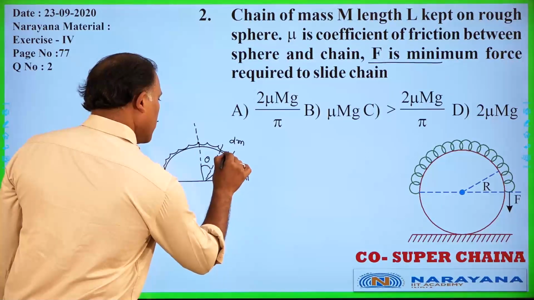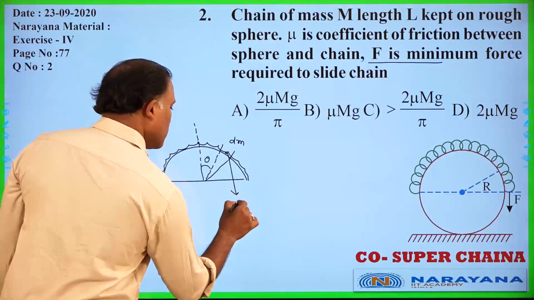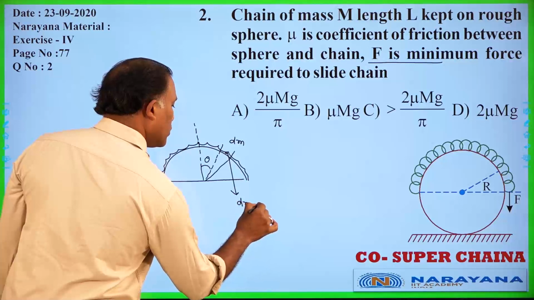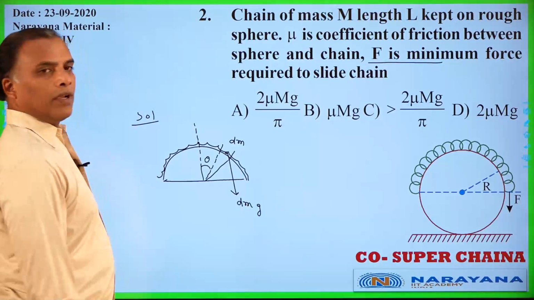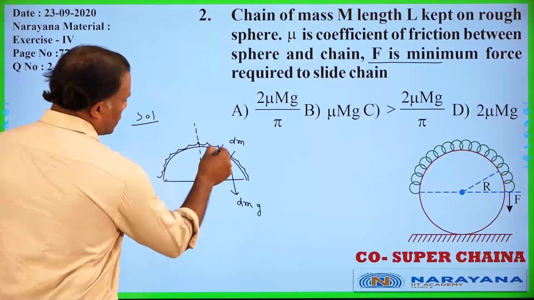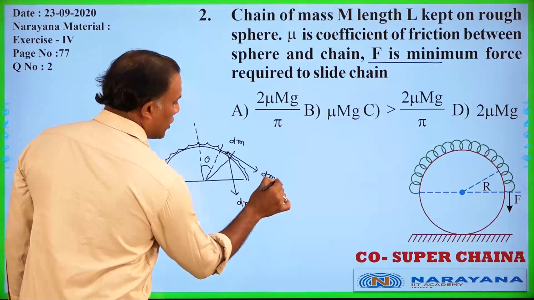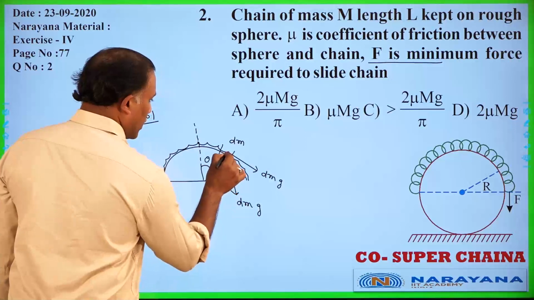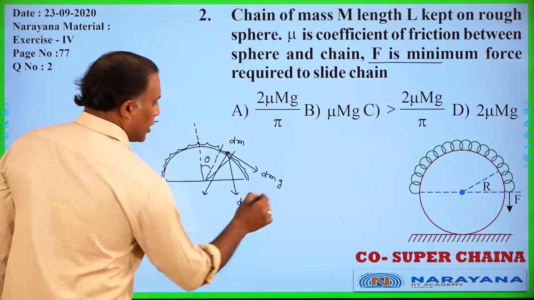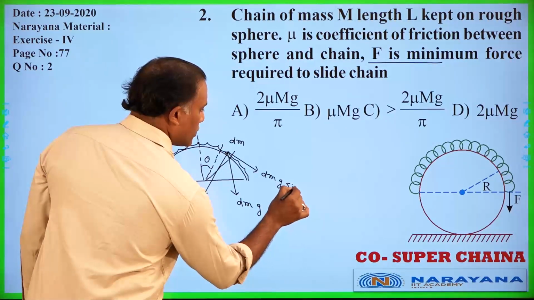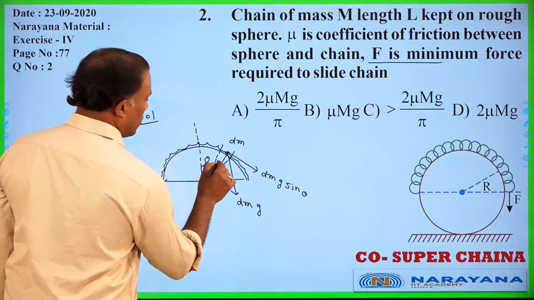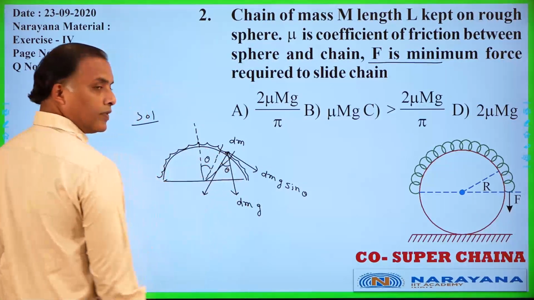Now this weight is dm into gravity. I am resolving it into components: this side it is dm g sine theta, because this angle will obviously be theta.